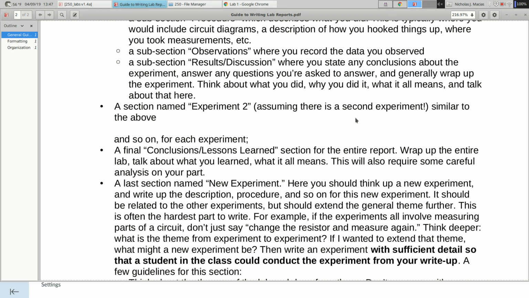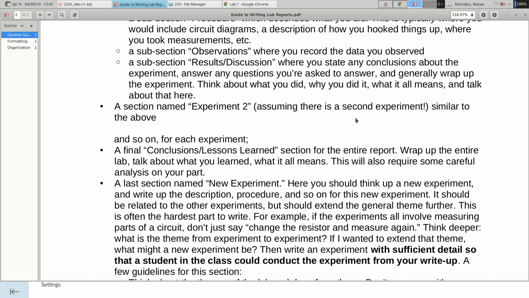Because you're supposed to be learning something in these experiments, right? They're not just busy work. They're supposed to be giving you hands-on experience with some set of concepts or ideas. What would be a cool additional experiment? Okay, this is probably the hardest thing to come up with in the whole report. And it's worth spending, you know, a half hour maybe trying to come up with a good new experiment.